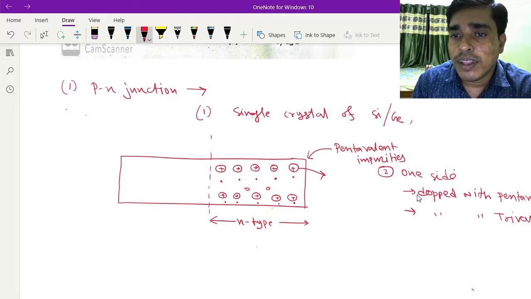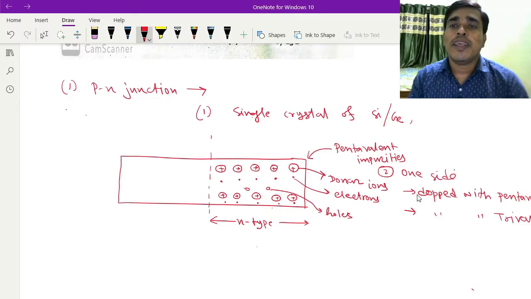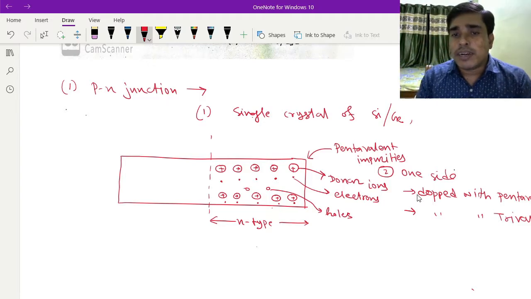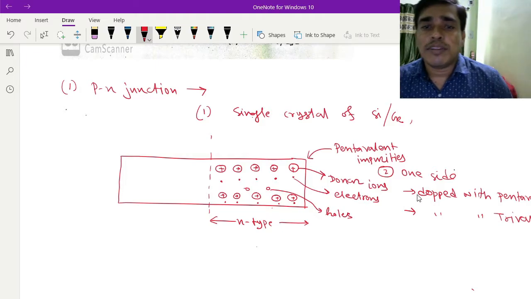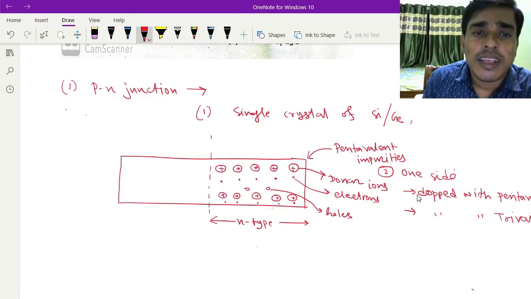So this is donor ions, this is electrons, and this is minority holes. This side becomes an n-type semiconductor.